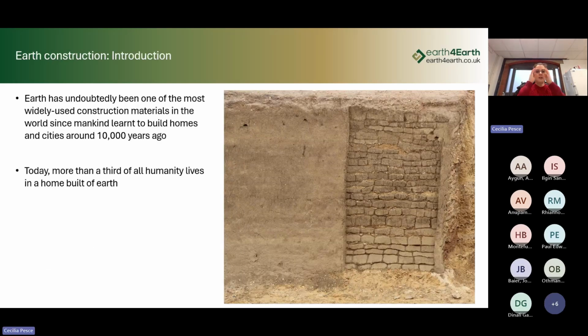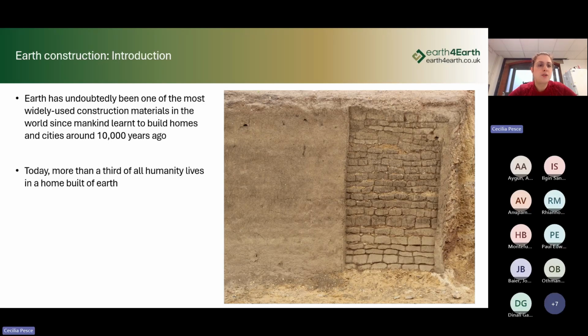So we can start with earth construction. It's been a bit of an overlooked technique. It might seem a bit rudimentary, but it's actually very widespread.